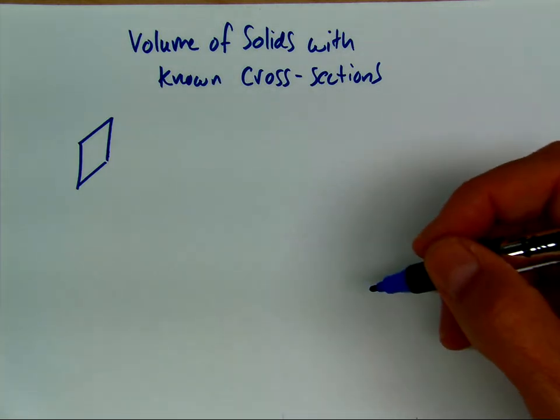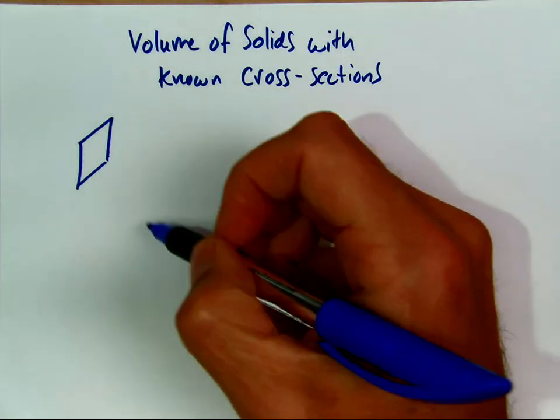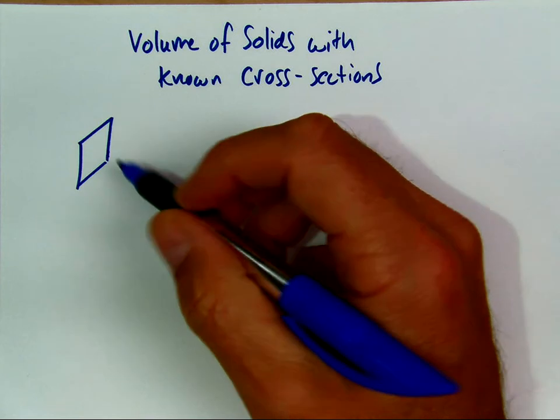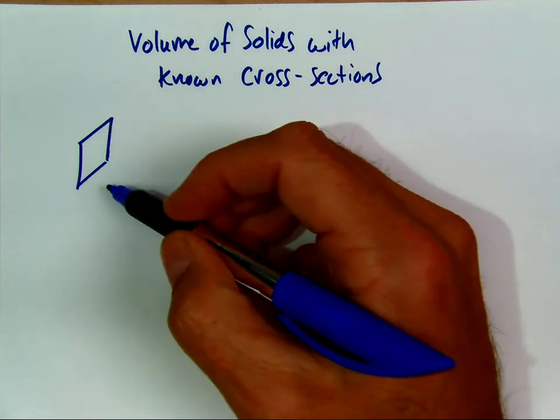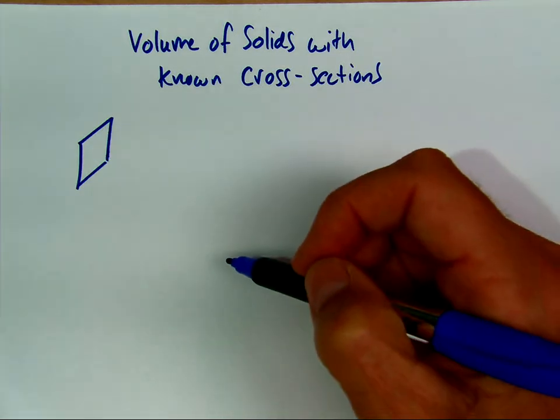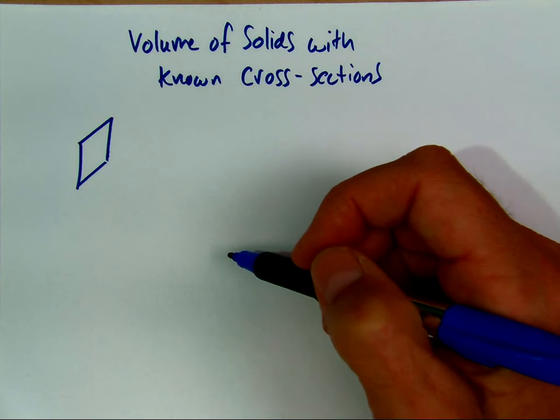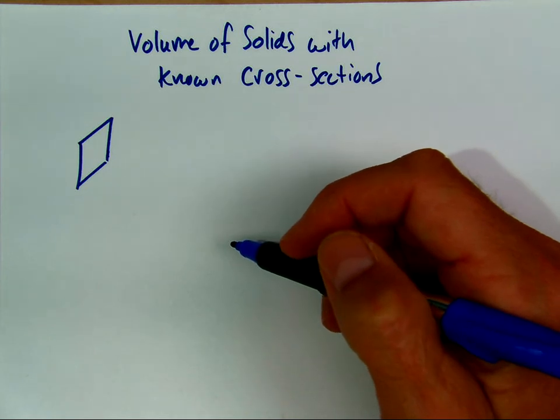I'm just going to try to help you visualize what's happening. So we have a sheet of paper. Is it possible with this square sheet of paper to make a solid cube made out of sheets of paper?